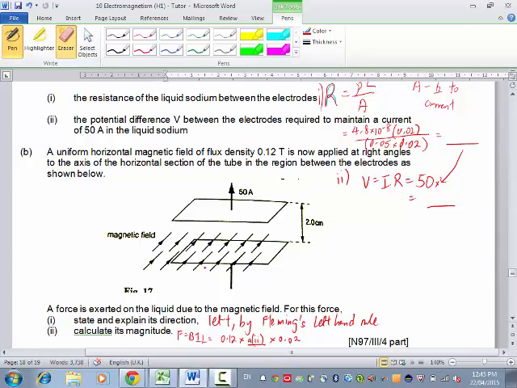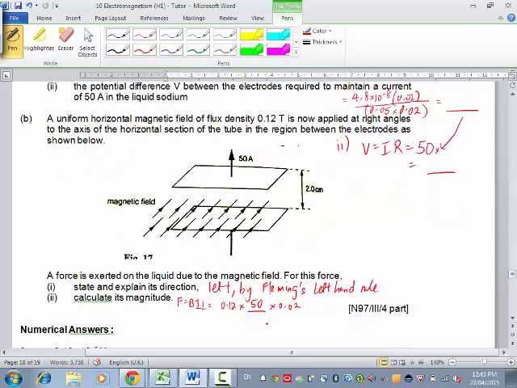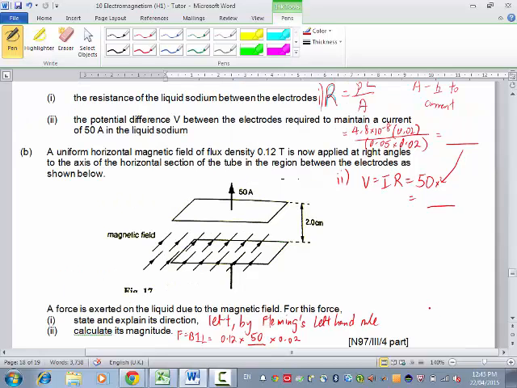Sorry, the I was 50 ampere. So that's the force. Fleming's left hand rule is the accepted explanation. Yes. The force is to the left.